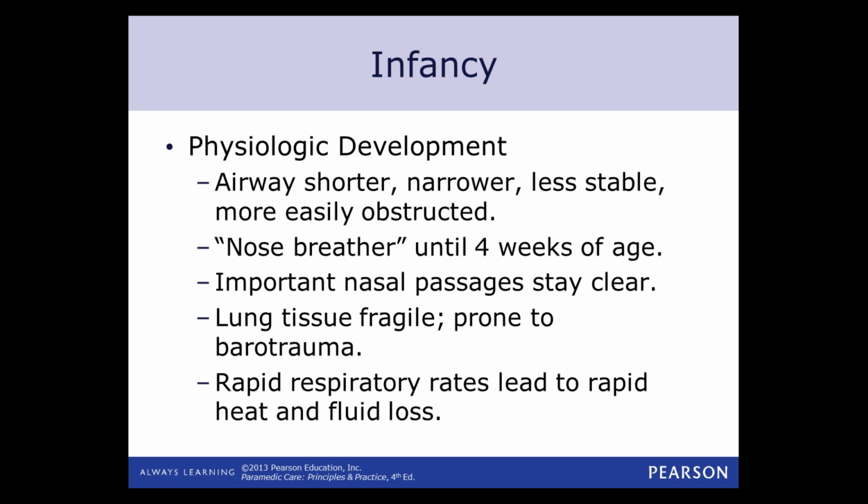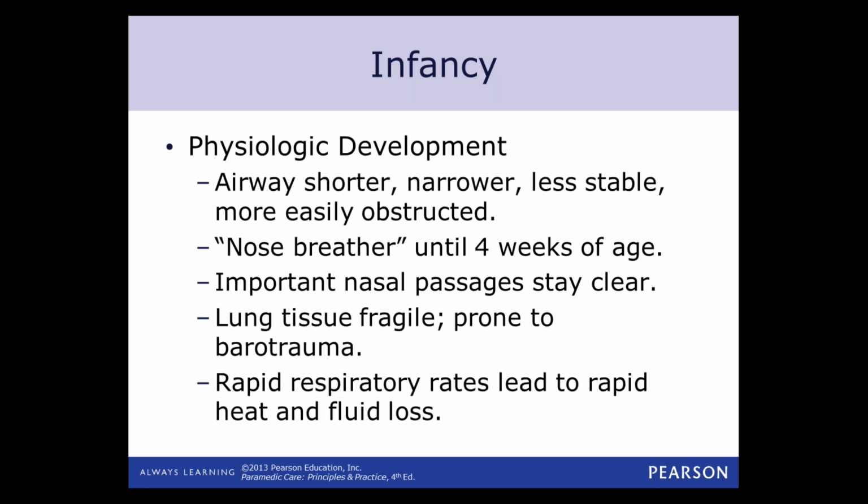Some of the differences that you're going to see immediately is the airway. Airway in a child, a couple of different things we're going to be looking at. One, the head's going to be bigger, so positionally when they're lying supine it is going to potentially obstruct that airway. The airway is shorter, it's narrower because of their size. It's less stable because it doesn't have cartilaginous rings supporting it, so it's easily able to compress and become obstructed.